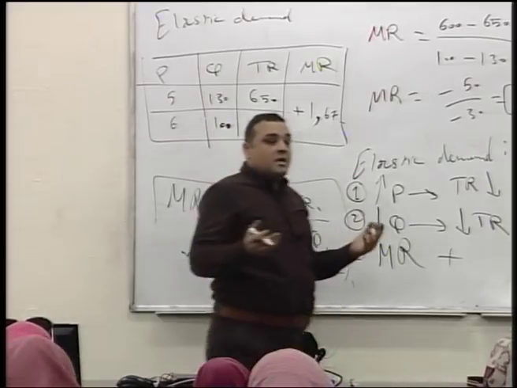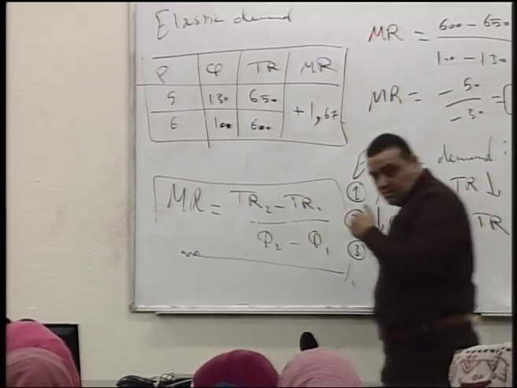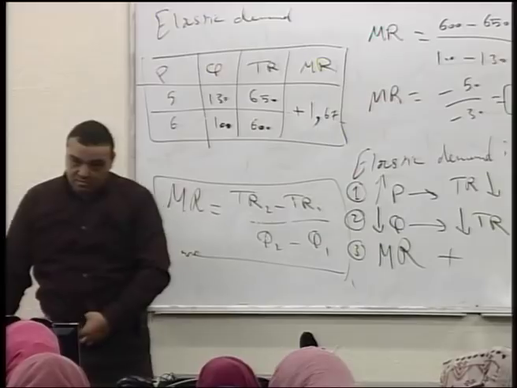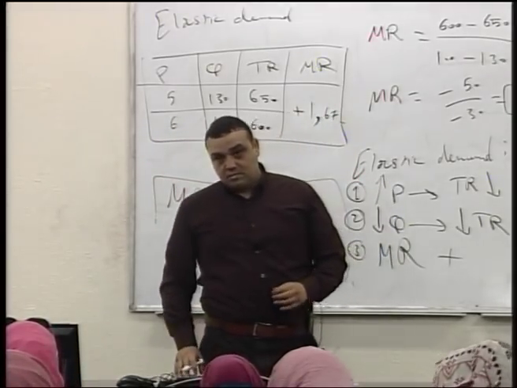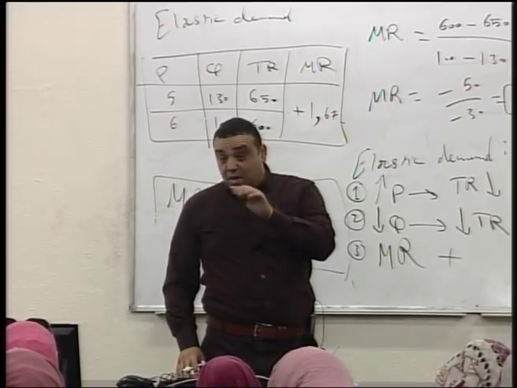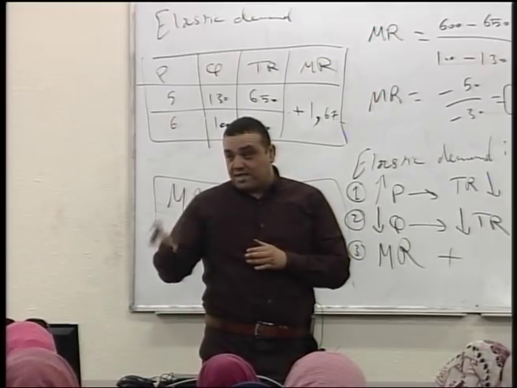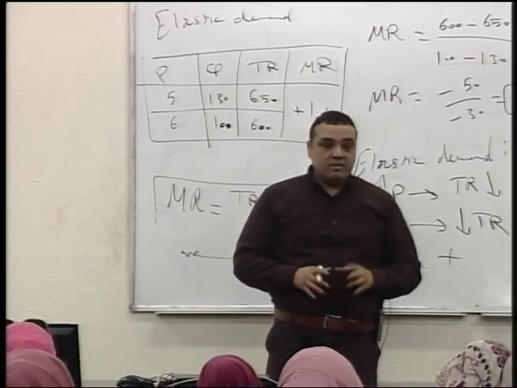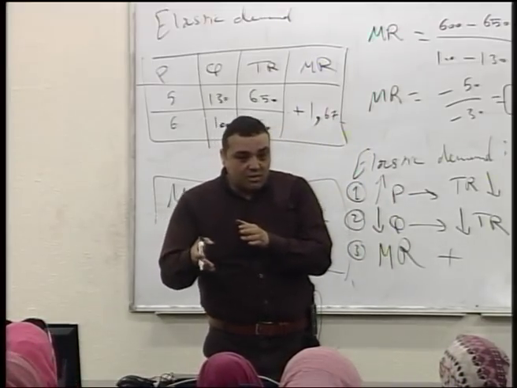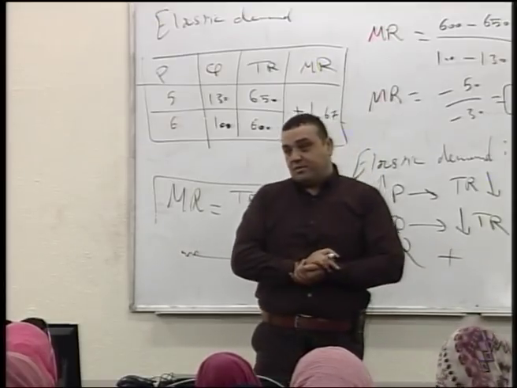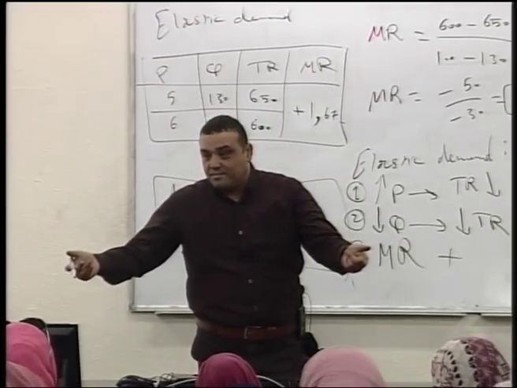What about the unitary elastic demand? بس الام ار بعمل comparison as zero. It's bigger than zero or less than zero. في المارجنال ريفينيو بحكي انه المارجنال ريفينيو equals zero, less than zero, bigger than zero. اوكي؟ يعني باخذ الساين إلها value هان.